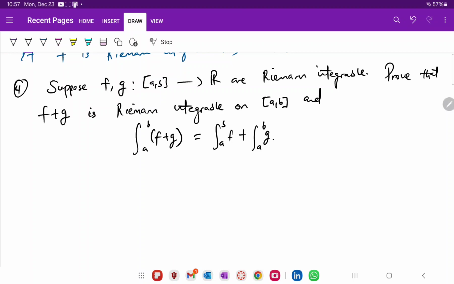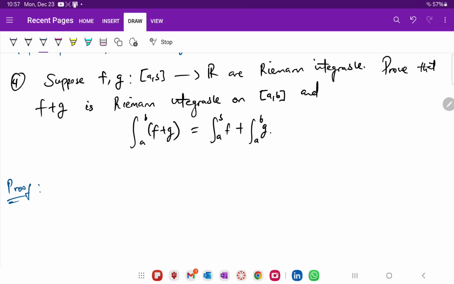So let's check the proof of this. We have the proof. First, by definition, f is Riemann integrable, which is already given by the hypothesis.